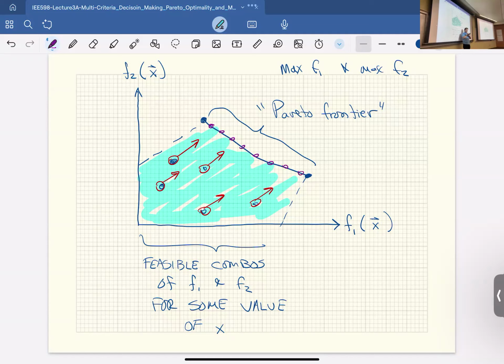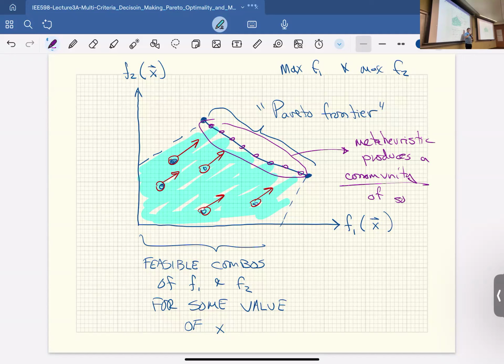And so hopefully our meta-heuristic produces a community of solutions that capture different trade-offs, choices. And that's what we mean by Pareto optimality.